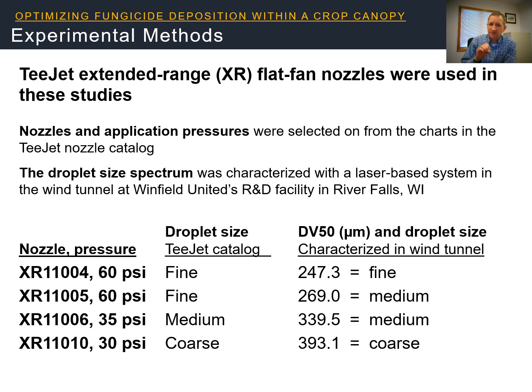We selected the nozzles and application pressures on the basis of the charts in the TJet catalog, and then we verified the actual droplet size spectrum produced by asking Winfield United to test the spray pattern with their laser-based system in their wind tunnel in the R&D facility in River Falls, Wisconsin.